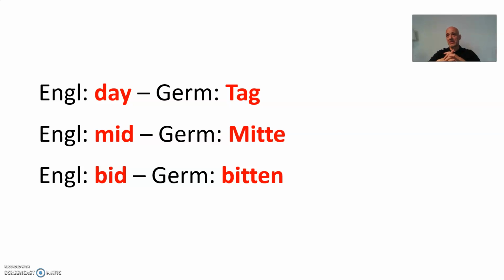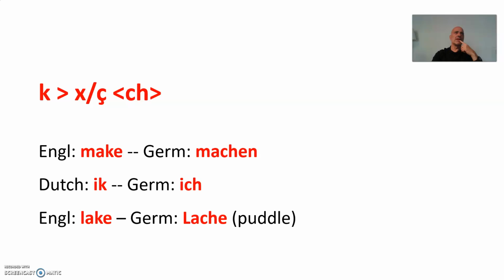Day, Tag, d to t. Mid, Mitte. Bid, bitten. All these words mean more or less the same thing in both languages. Okay, right. I would like to stop here.